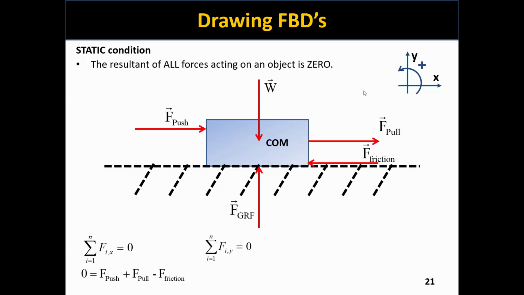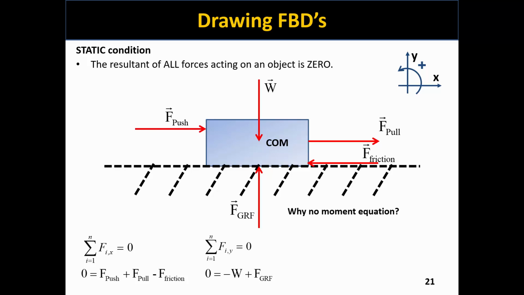My W is headed in the negative direction, while the ground reaction force is going in the positive direction. And so once again, I move my 0 to the left-hand side, and this equals negative W plus the ground reaction force.